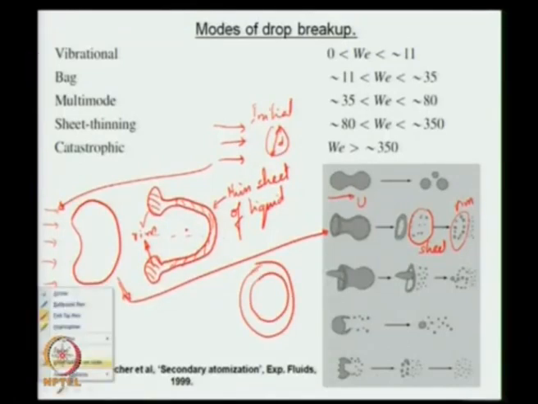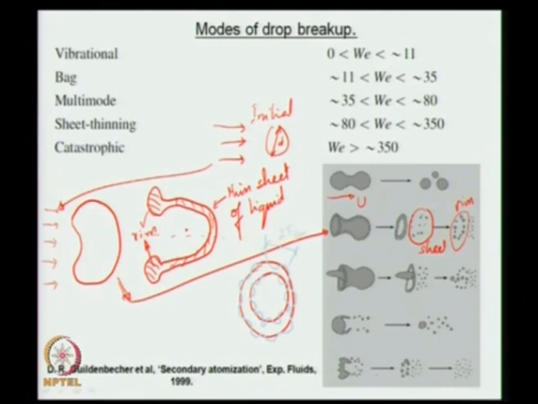So, if this is my liquid toroidal ring, there is a certain azimuthal mode, let us say 2 pi by m is this theta.